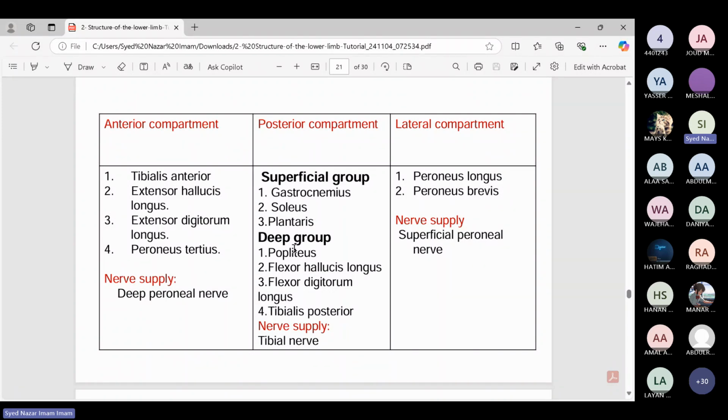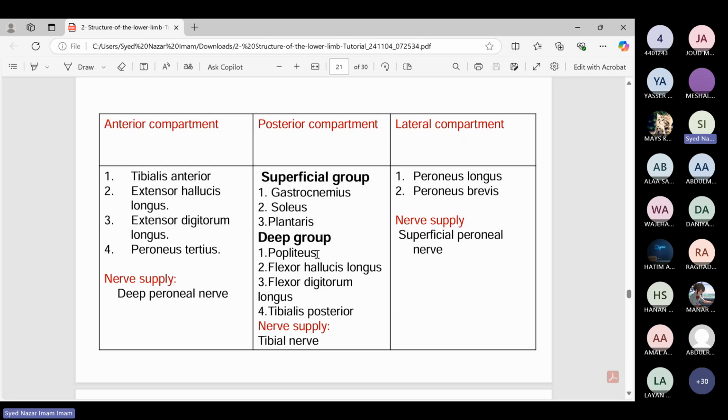The deep group of muscles are the flexor muscles, opposite to the anterior compartment muscles. So we call them flexor hallucis longus, flexor digitorum longus, and tibialis posterior. Now, apart from these three, we have one more muscle here that we call popliteus. What is the meaning of popliteus? Popliteus is posterior to the knee. So this is limited to the upper part of the leg, posterior to the knee.